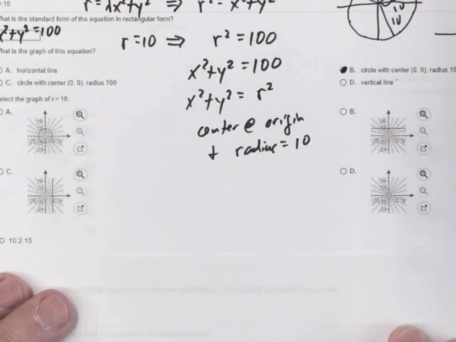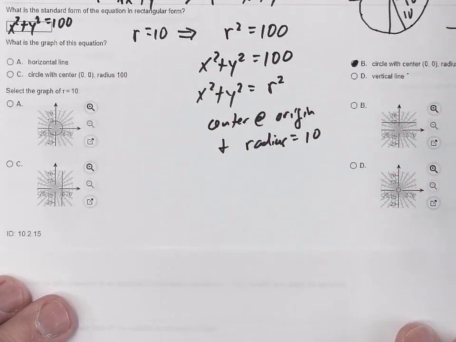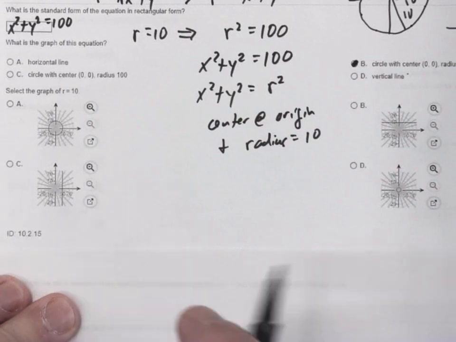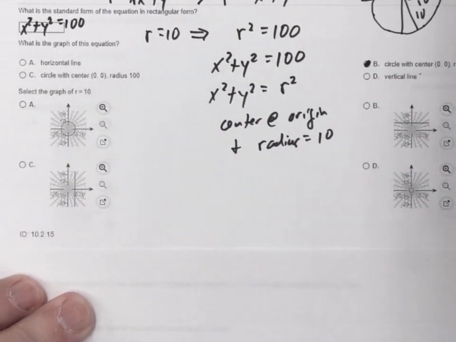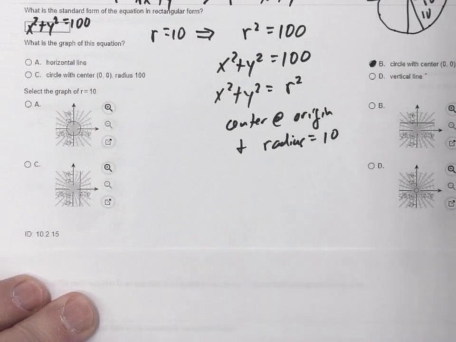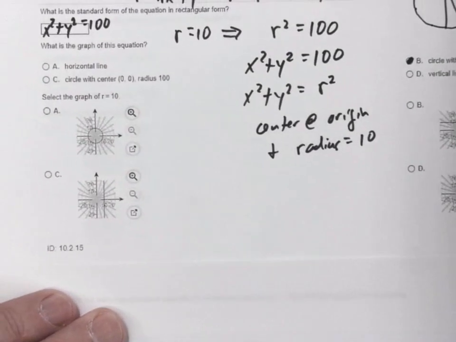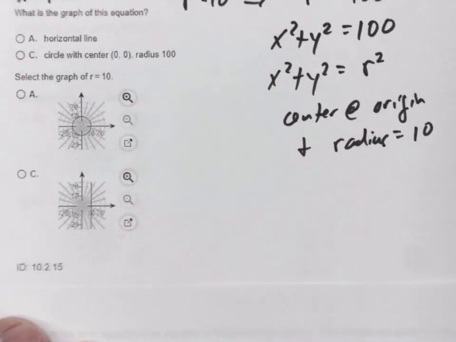And then they give you 4 graphs where you sort of choose. I know these are pretty small. Here are 2 circles. I guess if you try and analyze which one has a radius of 10, it's pretty hard to see. I don't know if I can expand it enough.